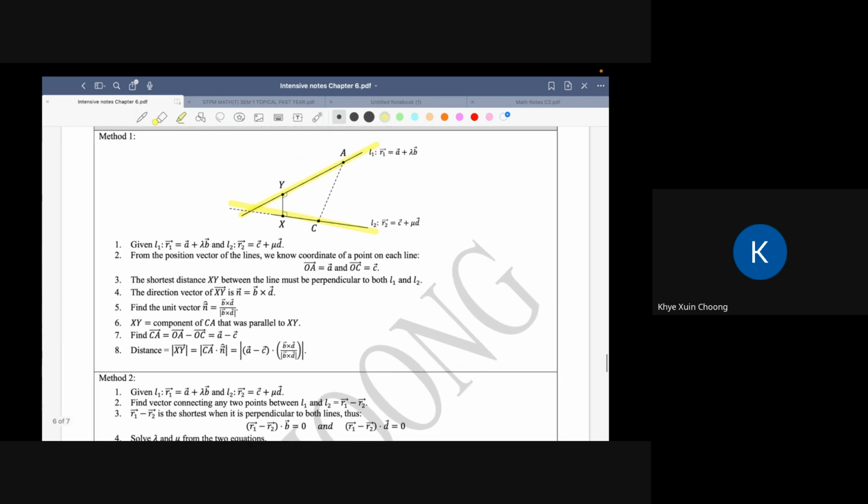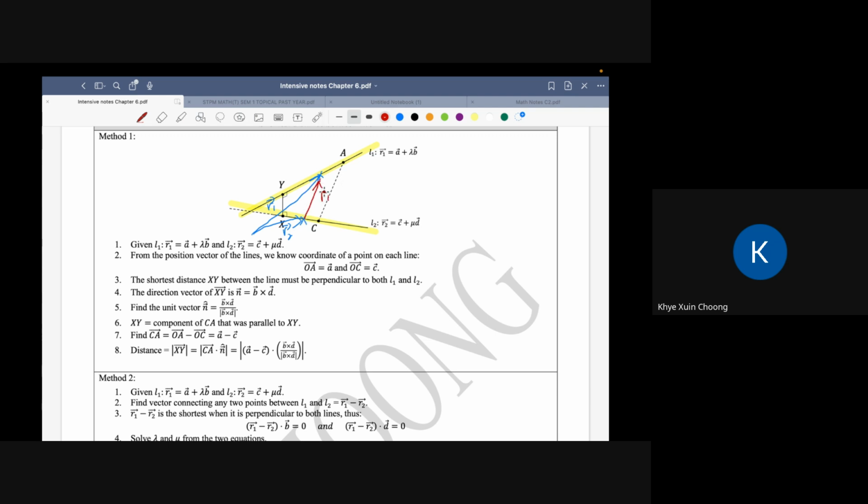R1 means any point on line 1, and R2 means any point on line 2. So let's say this is the origin, this is the R1 vector, this is the R2 vector. If you use R1 minus R2, actually what you get is this.